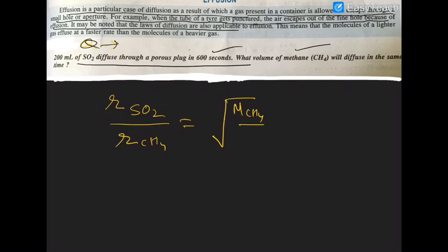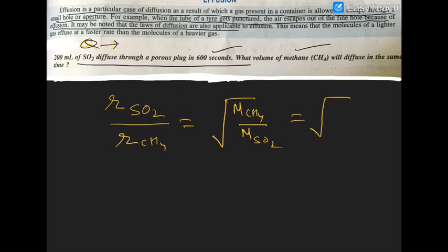200 ml of SO2 gas diffused through a porous plug in 600 seconds. How much methane will be diffused in the same time? So in that case, what will you write? The rate of SO2 by rate of methane will be equal to the square root of molar mass of methane by molar mass of SO2.